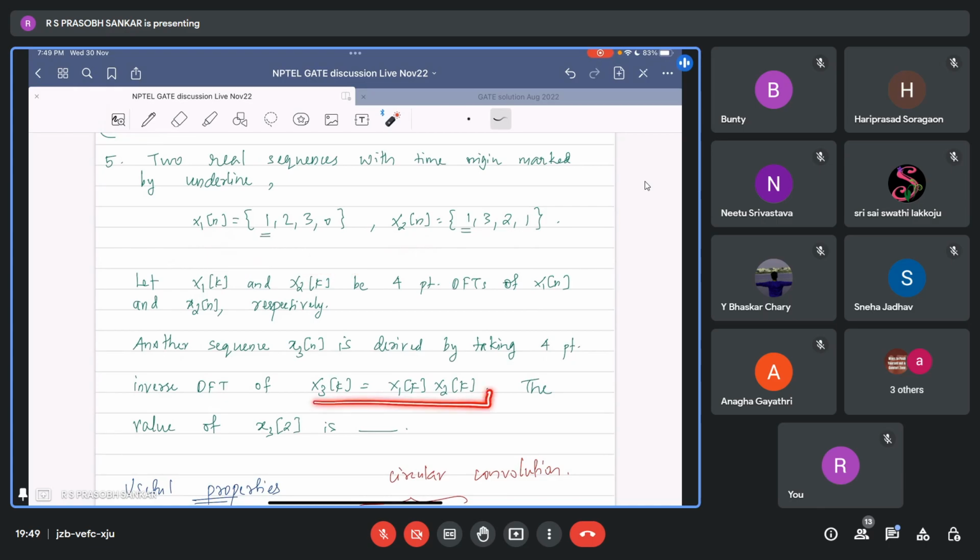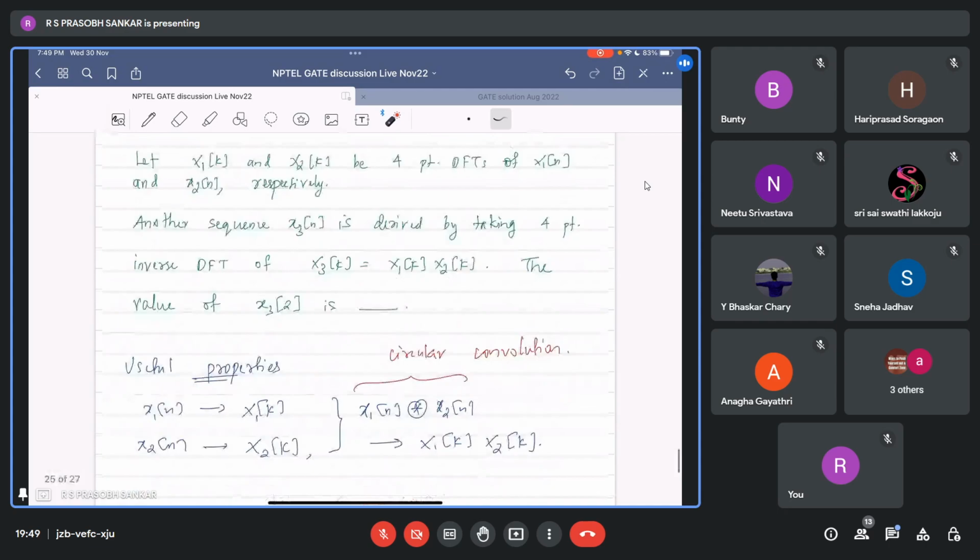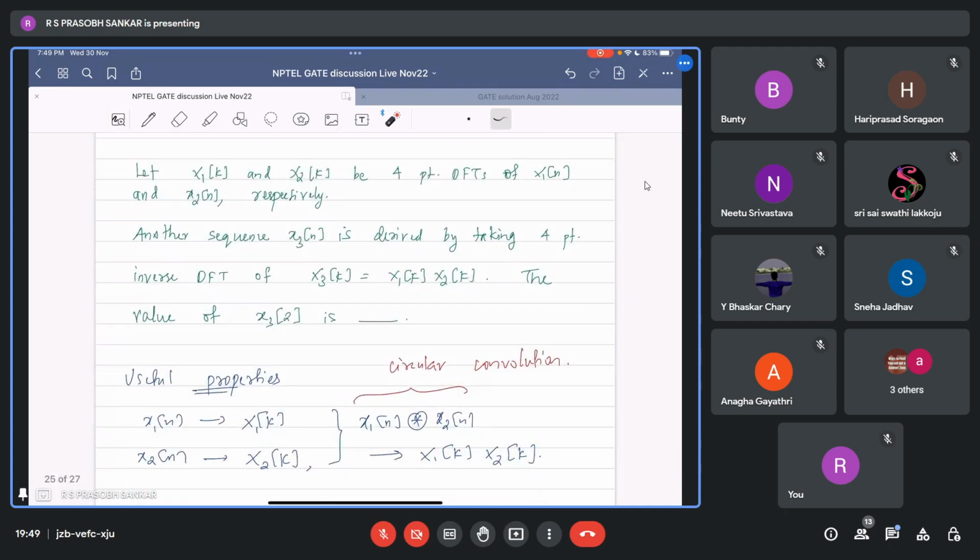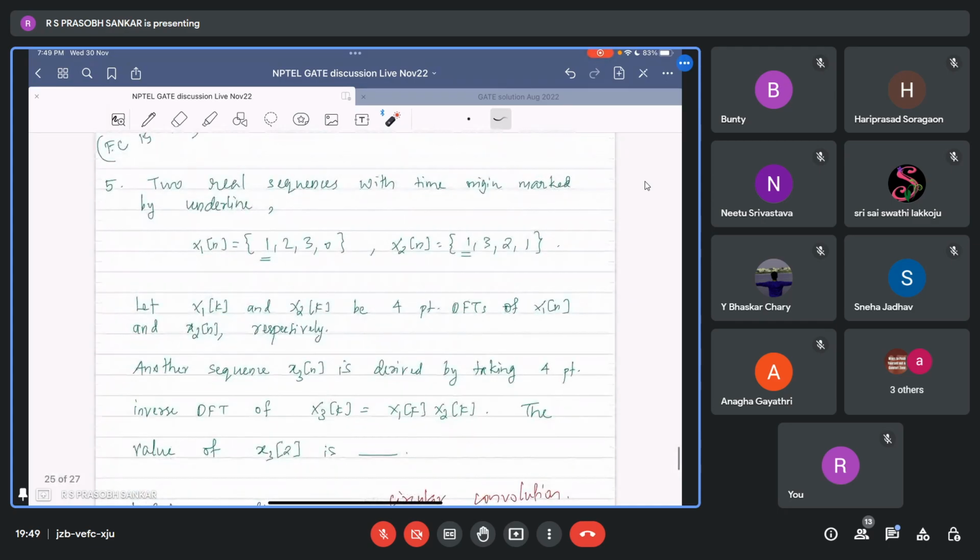It is given that X3[k] is related like this. We need to find the signal value x3[2]. So is the question fine? Any doubt in this question?